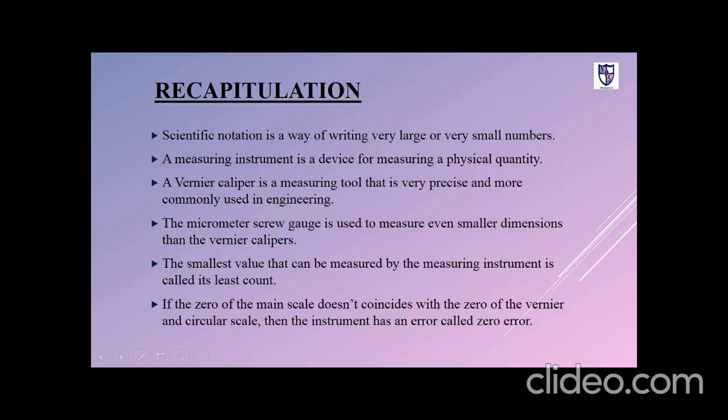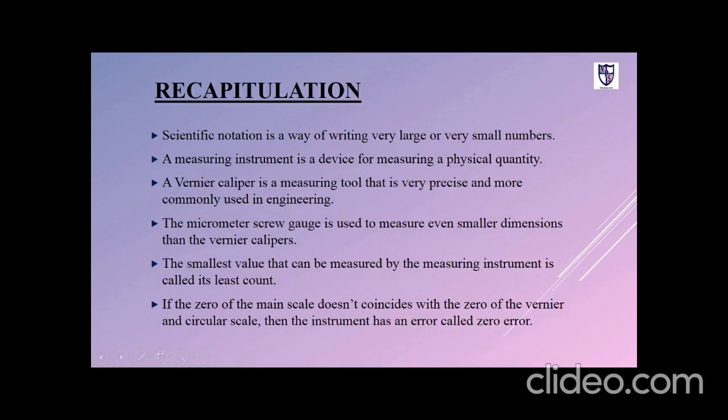A vernier caliper is a measuring tool that is very precise and more commonly used in engineering as well as in physics and biological methodologies. The micrometer screw gauge is used to measure even smaller dimensions than the vernier calipers.